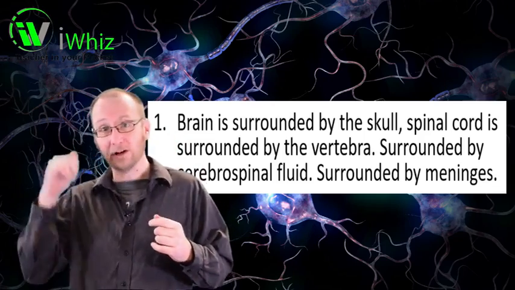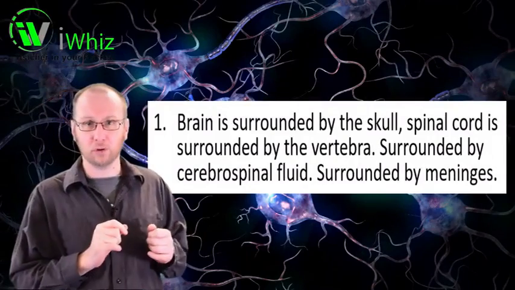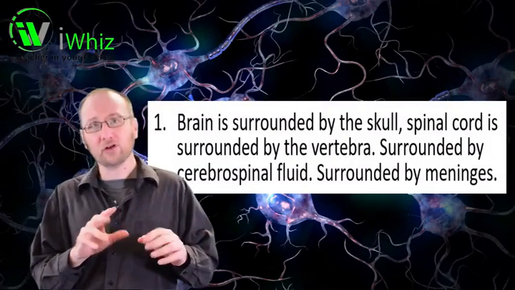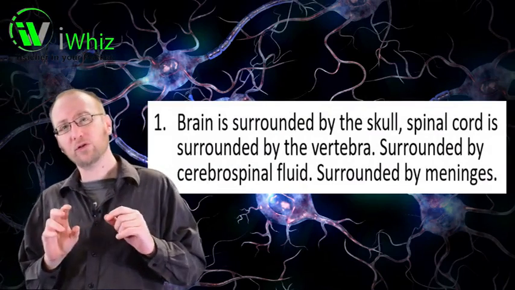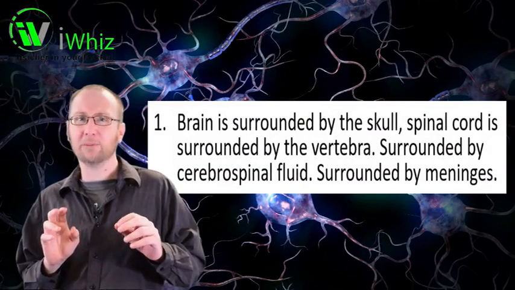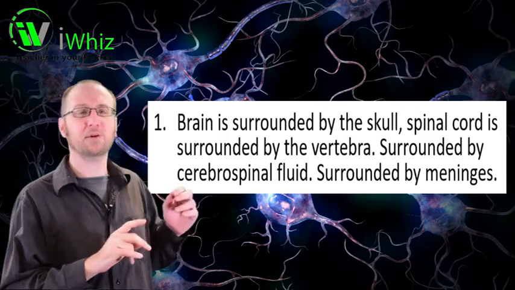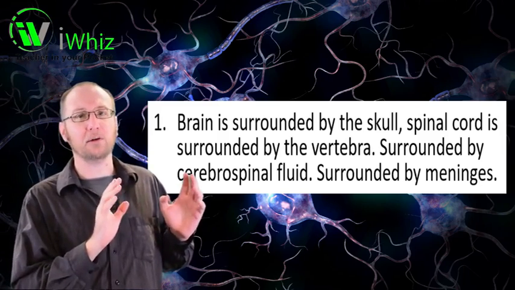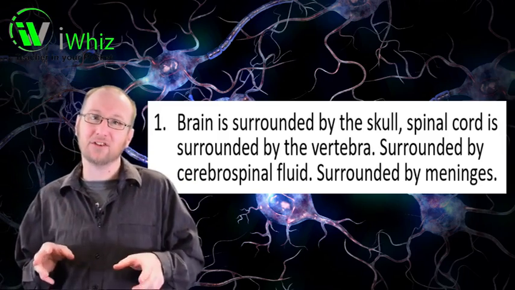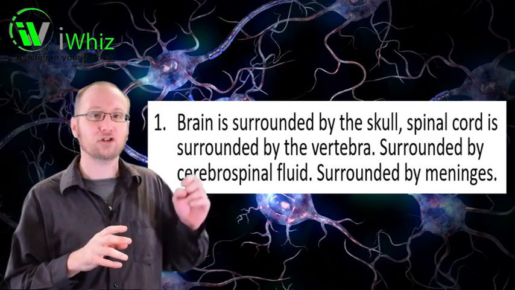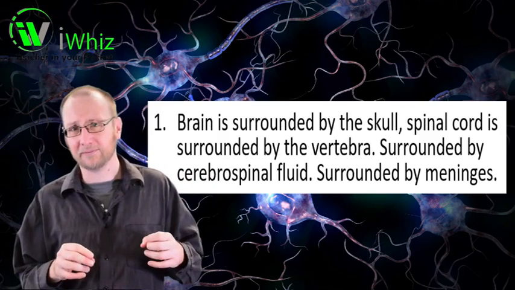So that's 1. Number 2, the brain and spine are also surrounded by the cerebrospinal fluid, which is found between the arachnoid and the pia mater. And this protects the brain against shock or jarring.